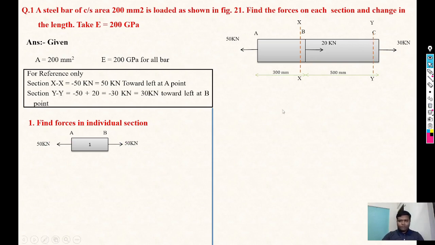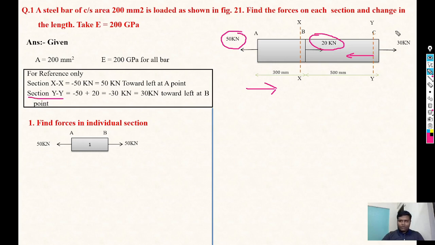Now we have another section, that is BC. So for section BC, again we start the calculation from left to right, correct? So we will see the left part of that particular section. On the left part, two forces are there, that is 50 kilonewton and 20 kilonewton at point B, correct?